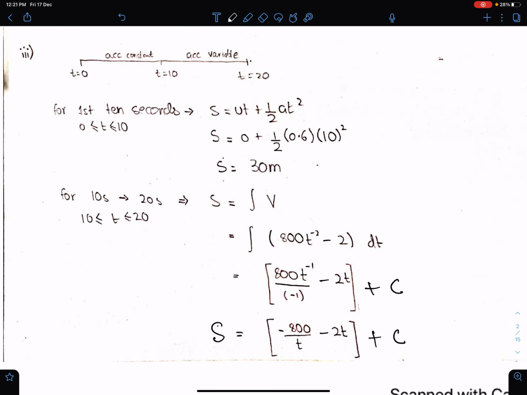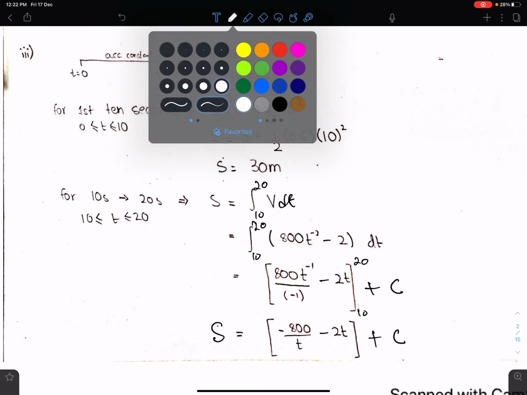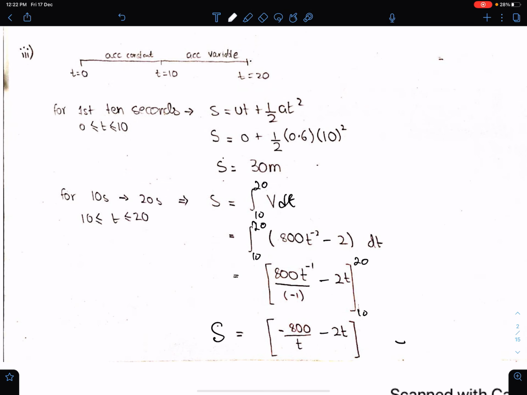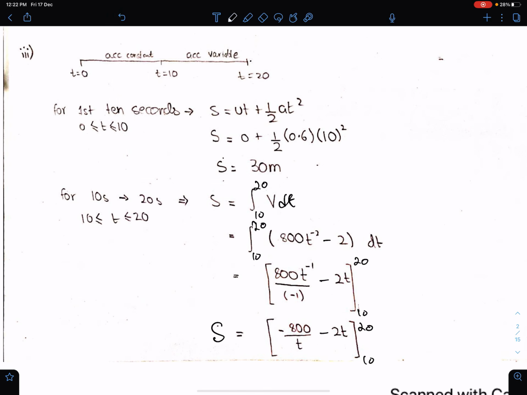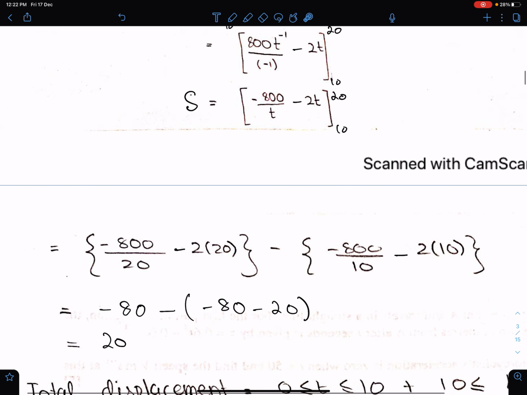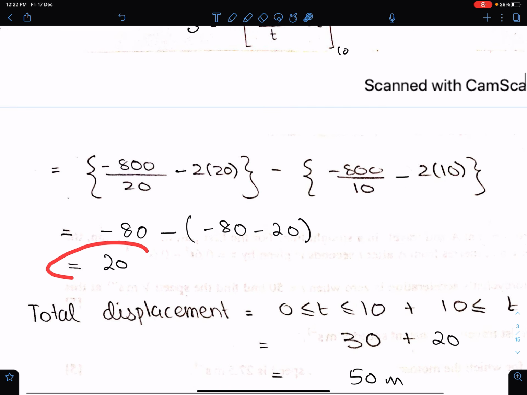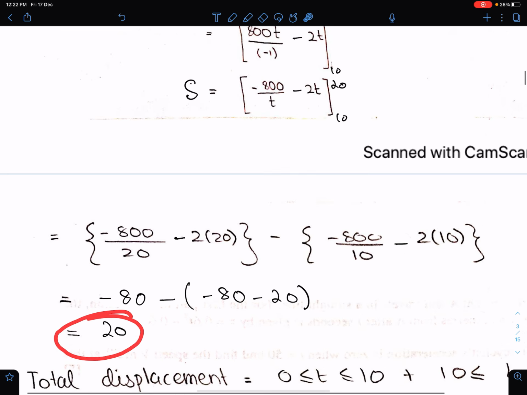So the limits are 10 and 20, with dt. When you integrate this thing, you'll get this thing. And when you apply limits, you'll get this displacement, 20 meters.